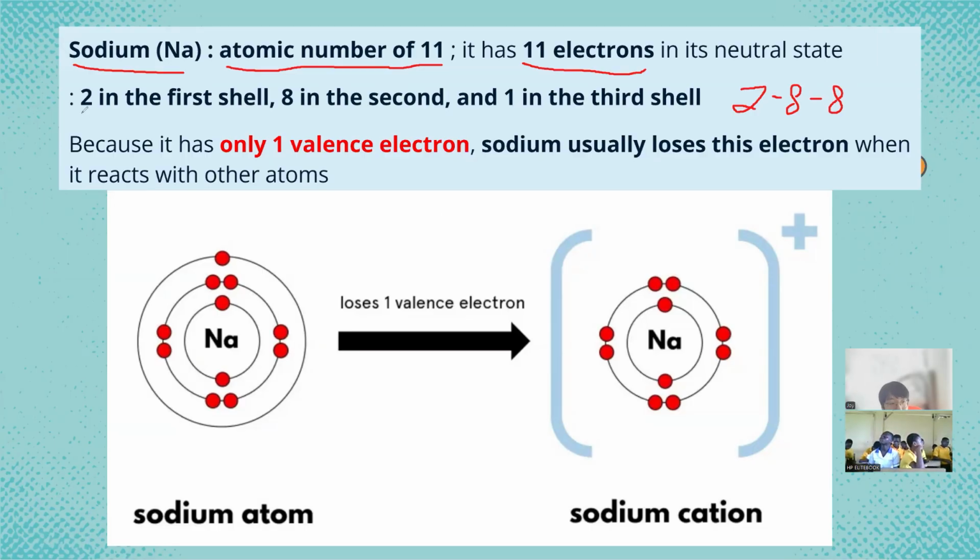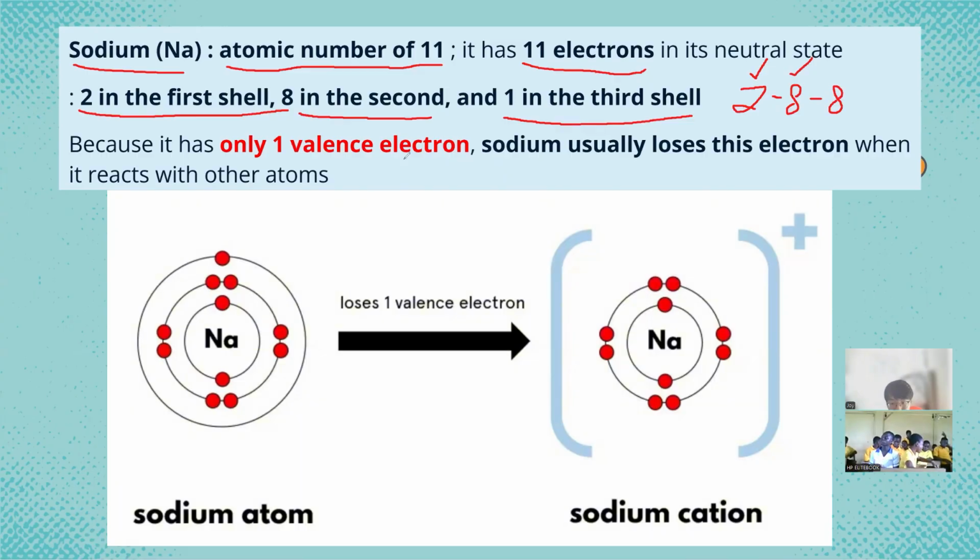We can fill the first shell because it only has 2. So we can check 2 out. We can fill 8 in the second here. But we have 1 additional electron in the third shell.